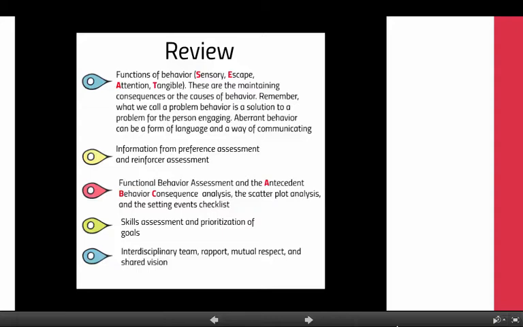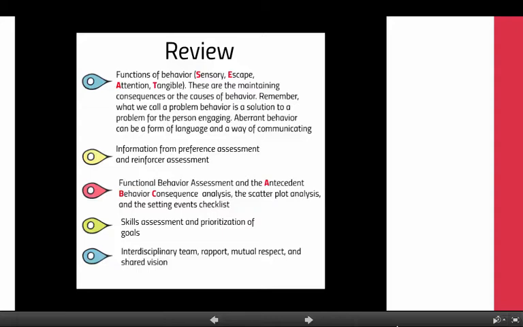The other thing I want to describe and remind you of is the functional behavior assessment process. And as part of that process, we often do what's referred to as the ABC analysis, antecedent behavior consequence analysis. We've discussed that. You're documenting the antecedents, you're documenting the behavior that occurred, and then the consequences that followed.